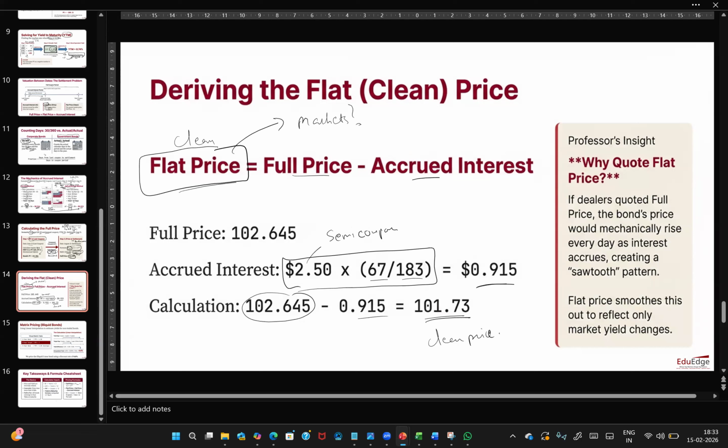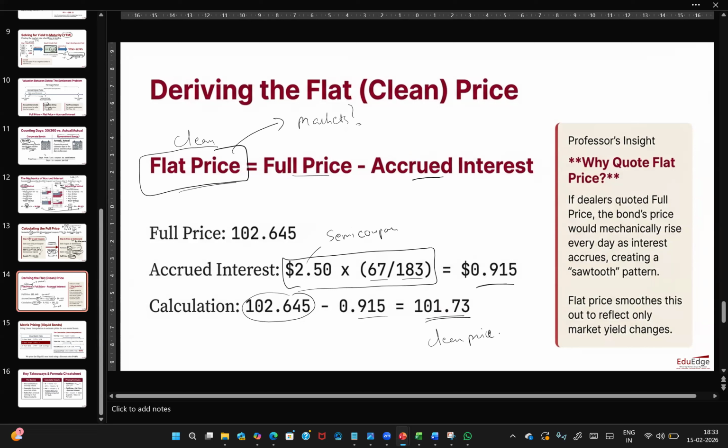So to compare between different bonds and to remove the impact of accrued interest, which is a function of when the last coupon payment was made, we have markets which quote clean price, which means we eliminate the impact of whether the last coupon was received 1 month back or 6 months back or 1 year back. It doesn't matter, because now the price which is quoted is not including accrued interest, and it's not important when the last coupon payment was made.